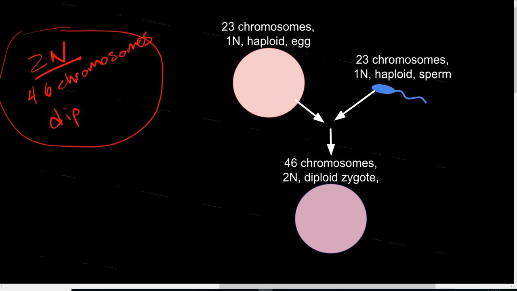We also call that a diploid situation, di meaning 2, ploidy having to do with the complete sets of DNA. We're talking about 2 complete sets of DNA. But the process of turning from that into a cell that has only 1 set of DNA is what we're talking about today, and that is called meiosis.